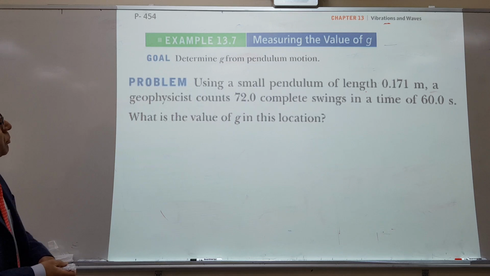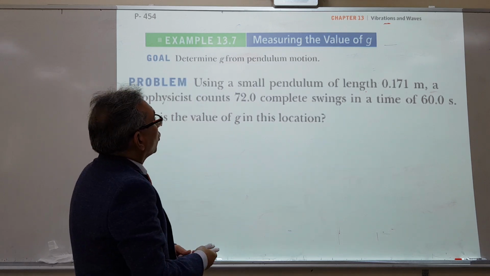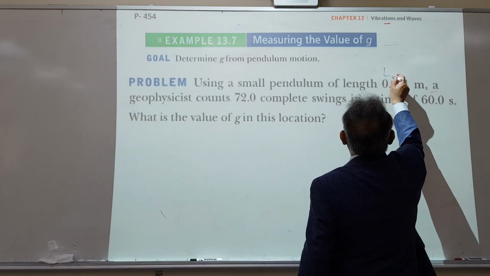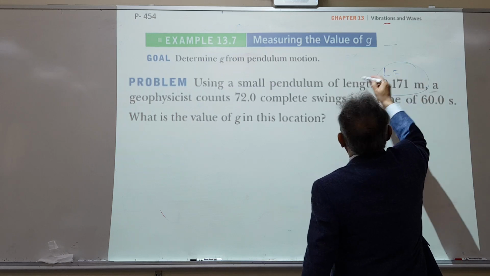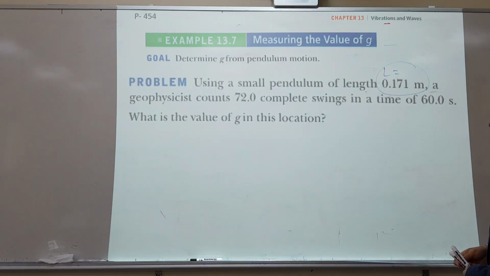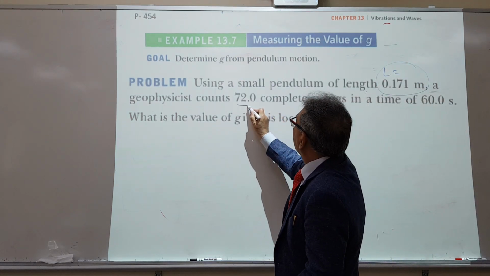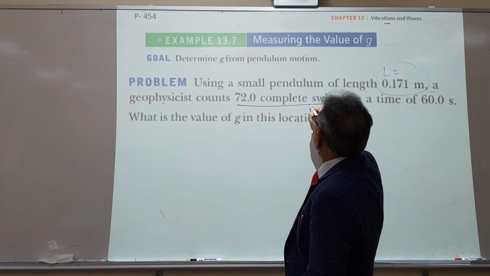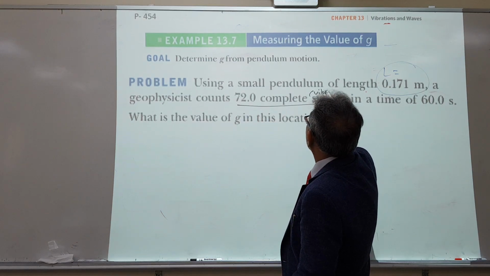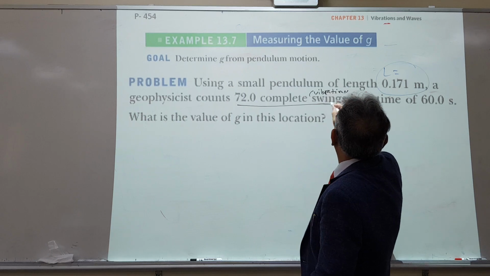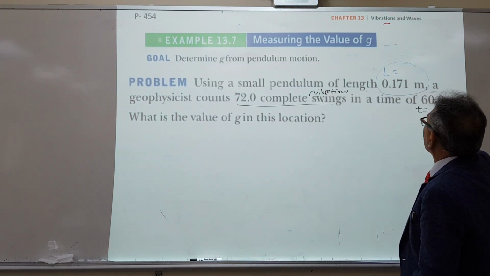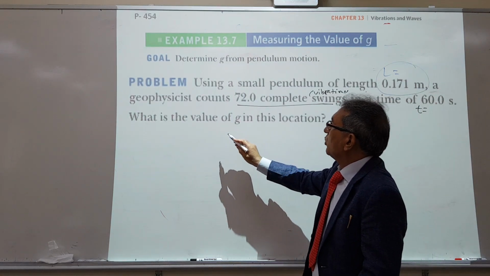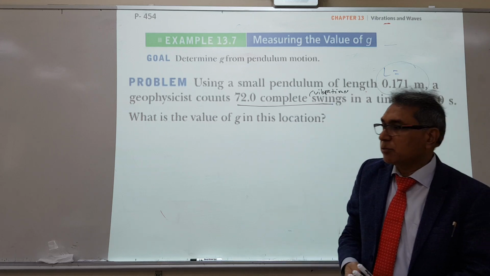Okay, using a small pendulum of length L, this is 0.171 meter, 72 complete swings are the vibrations. This is vibration, and the swings are the trips, in a time of 60 seconds. What is the value of g? So g you have to find out.